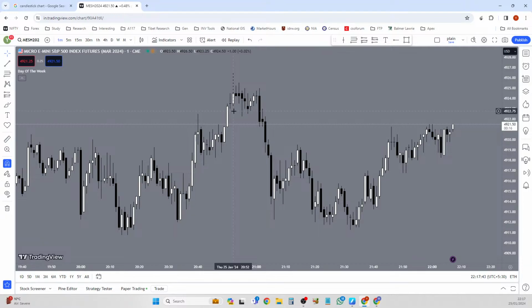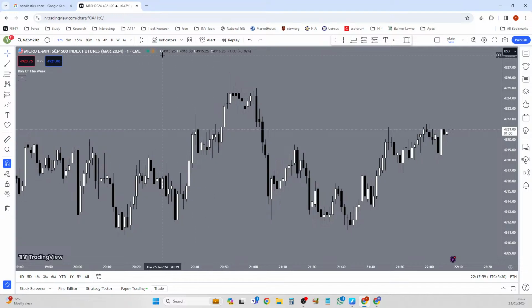So right now I'm keeping the candle selected, and you can see the opening price is 4923.50. The high is 4926.50. So right away you know that the opening price is lower, and the closing price over here is higher, 4924.50.